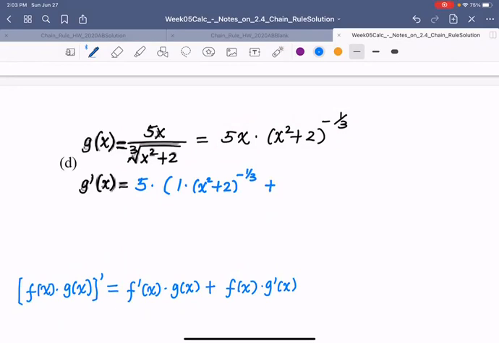Plus, and then it's a negative 1/3. Let's copy down x first. Oh yeah, product rule. We keep that one, right?